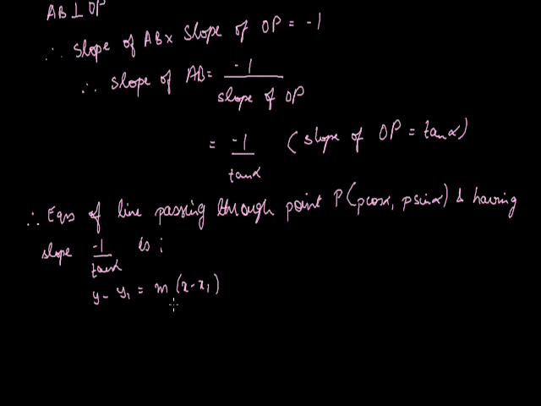I can use the point-slope form over here. So x1, y1 are p cos alpha, p sin alpha, and m is minus 1 upon tan alpha. So I'll substitute the values in this equation. I'll get y minus p sin alpha is equal to minus 1 upon tan alpha of x minus p cos alpha.